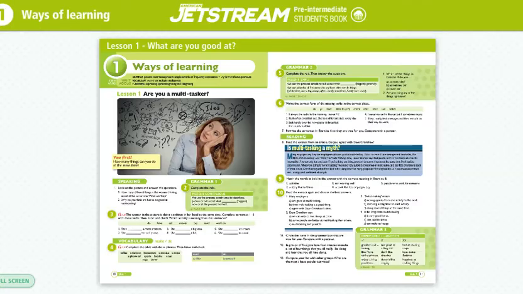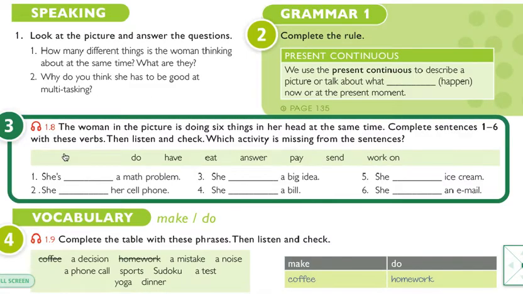We are going to go back to the lesson. And here you have the first exercise. In your student book, you will solve exercise number 3, okay? Exercise number 3, please read the instructions. The woman in the picture is doing 6 things. Complete the sentences from 1 to 6 with the verbs. Remember, the woman is doing the things in this moment.